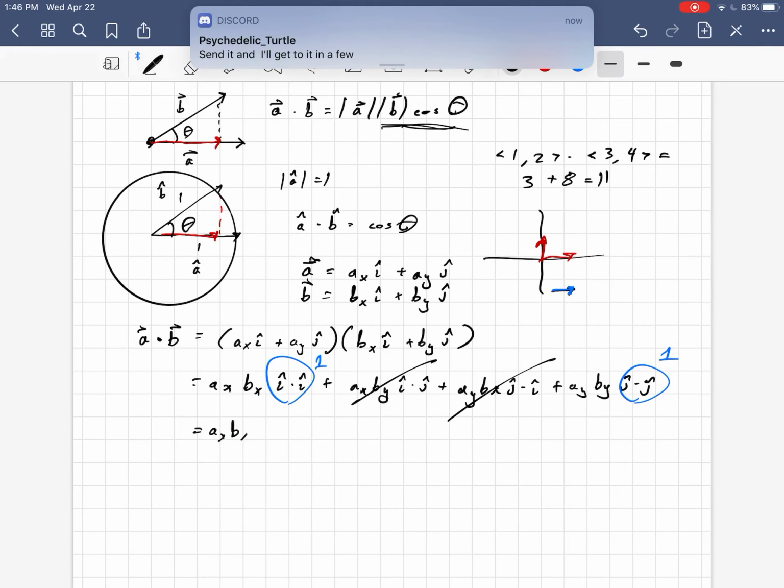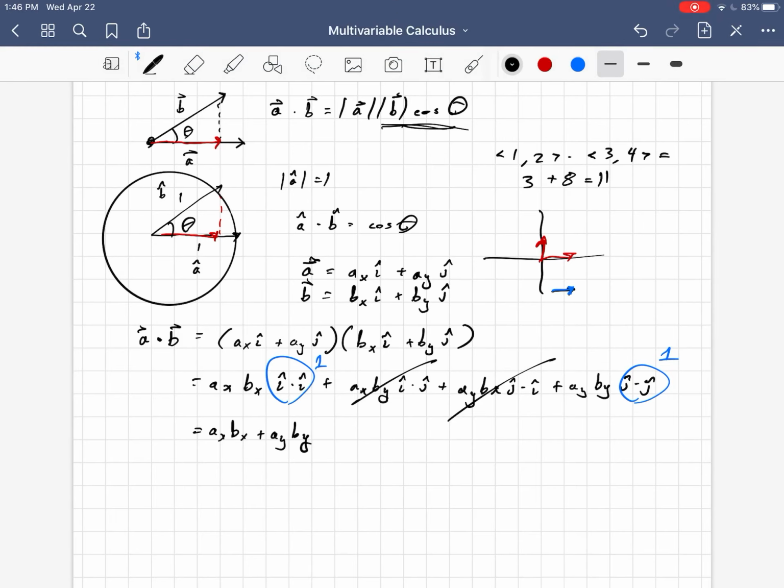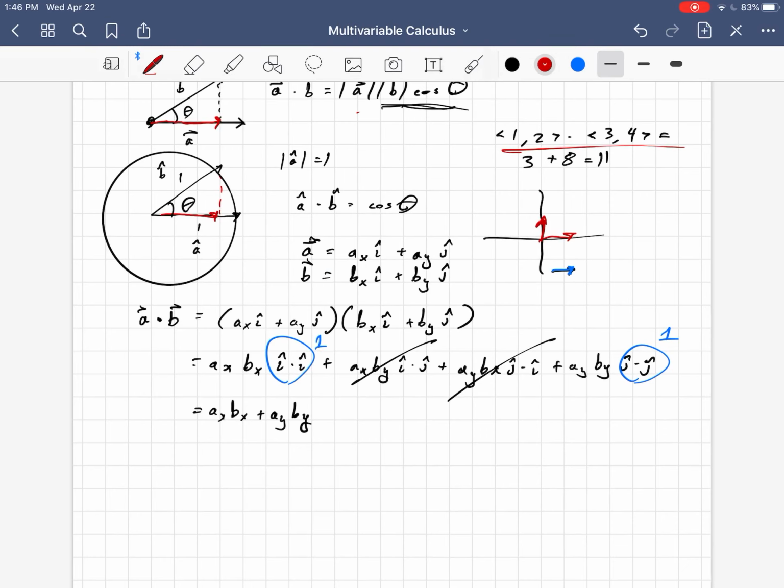So their dot product would be 1, and j hat dot j hat is also 1. So what I'm claiming is that a sub x b sub x plus a sub y b sub y is another way to write this dot product as a consequence of this geometric definition. And that is where the piecewise multiplication of the dot product comes from.